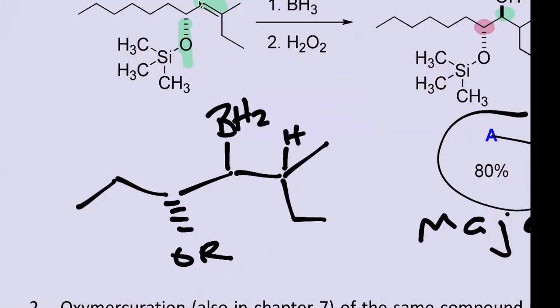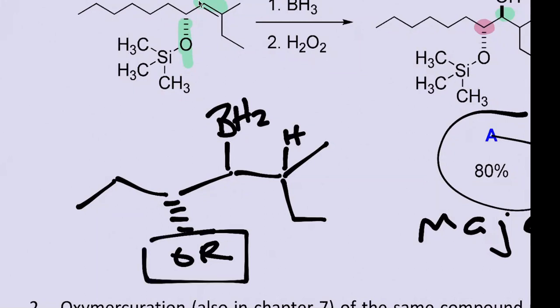But the boron is going to be swapped out with oxygen, that's what the hydrogen peroxide is for. If you remember this reaction from part 1, you do the hydroboration and then that's followed up by oxidation. So when the oxidizing agent comes in, it's not coming in from the same side as this. The oxygen is going to have to come in from the opposite side.